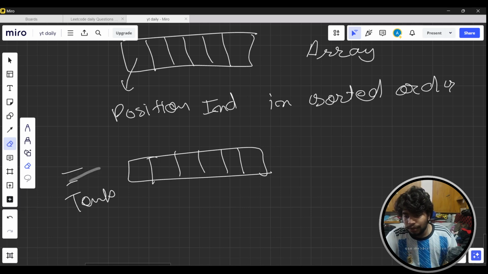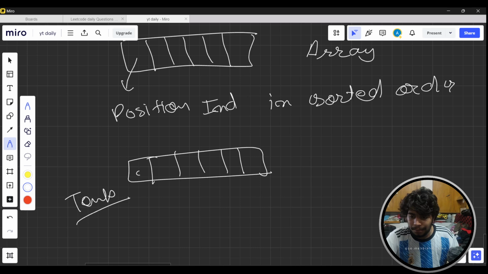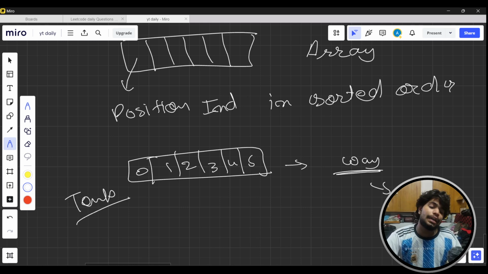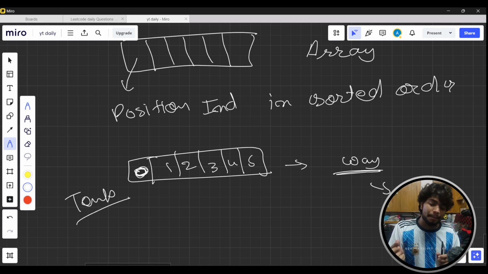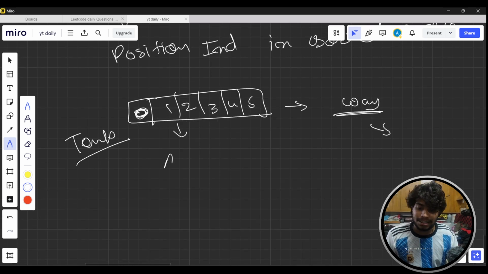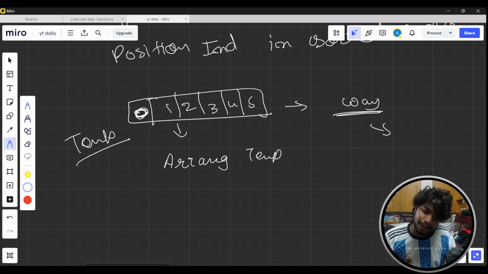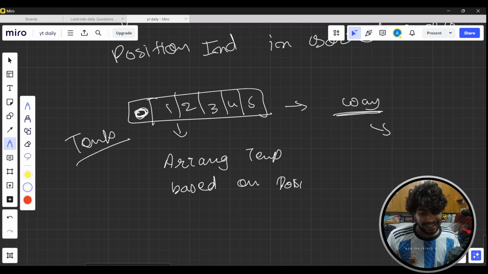I have to arrange the temp array values in such a way that it will represent the position array in sorted order, which means I have to arrange the temp array based on the position array.